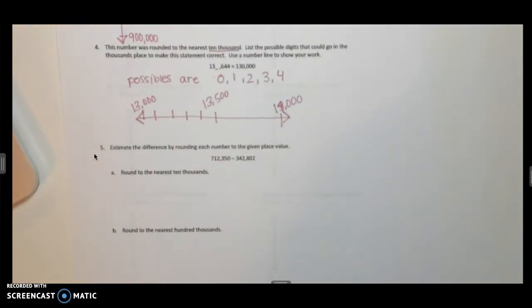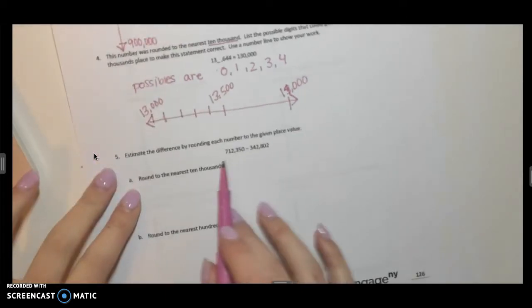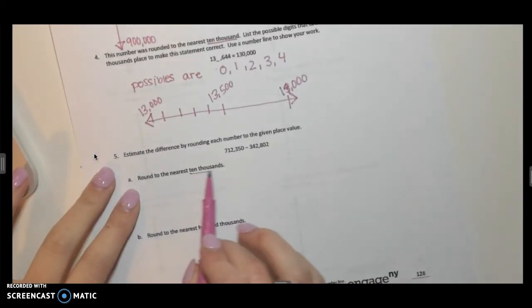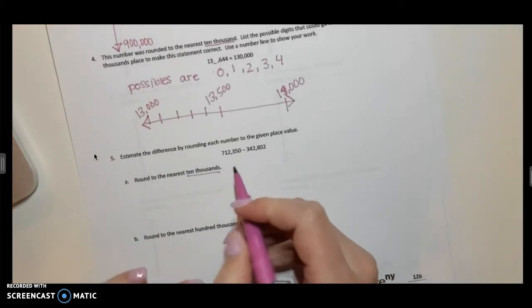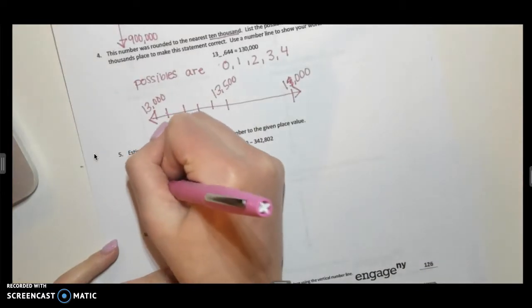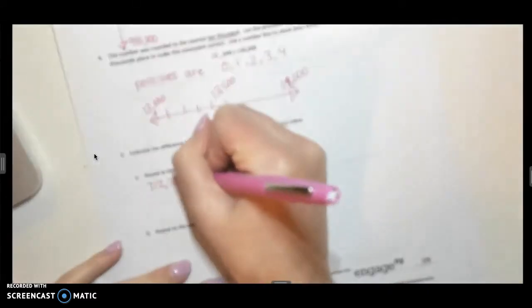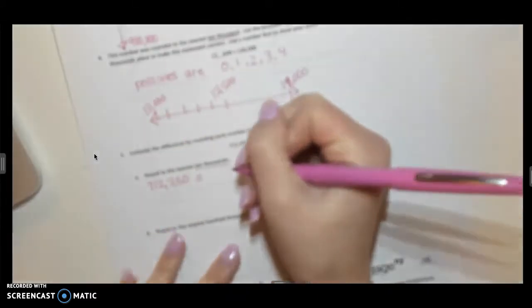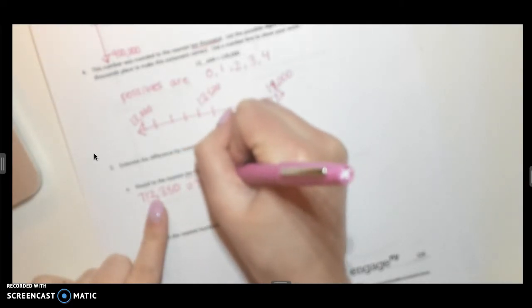Alright, number 5, we're estimating the difference by rounding each number to the given place value. So now we're going to round both of these numbers to the 10,000s place, which would be this 1 and this 4. So we're first going to write down 712,350. Then we are going to round this to the nearest 10,000, which is this 1's place. And that 2 is going to tell us that it stays the same. So 710,000.